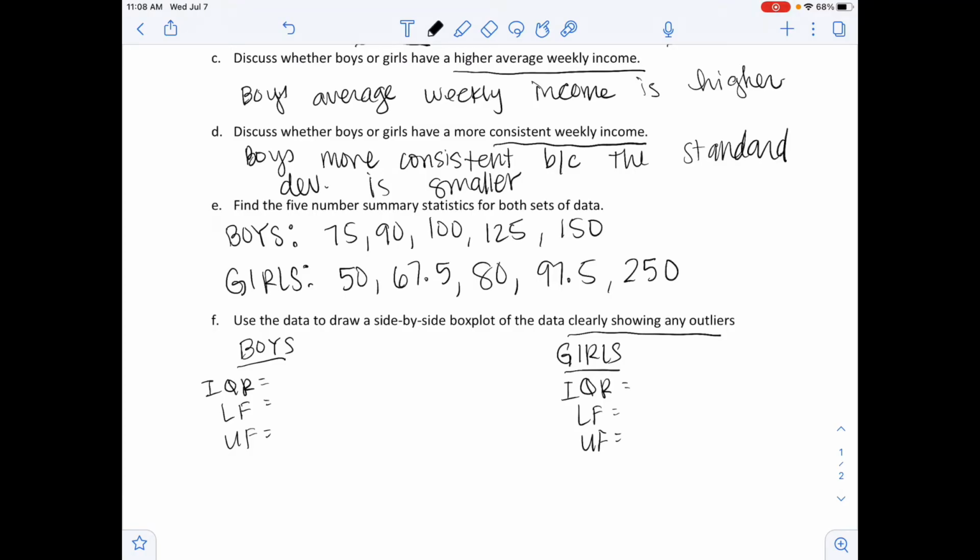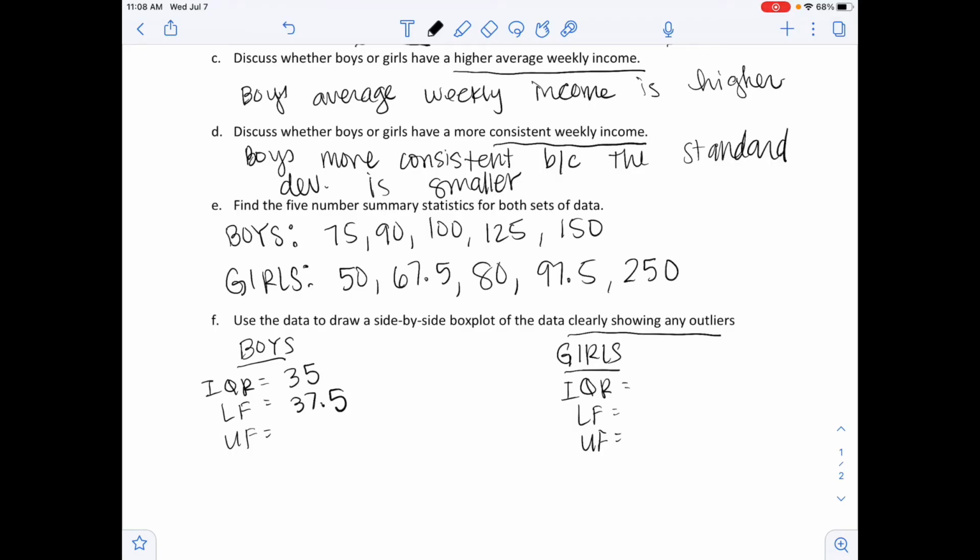The interquartile range for the boys is going to be Q3 minus Q1, which is 125 minus 90, which works out to being 35. The lower fence, which is going to be Q1 minus 1.5 times the interquartile range, will work out to being 37.5.